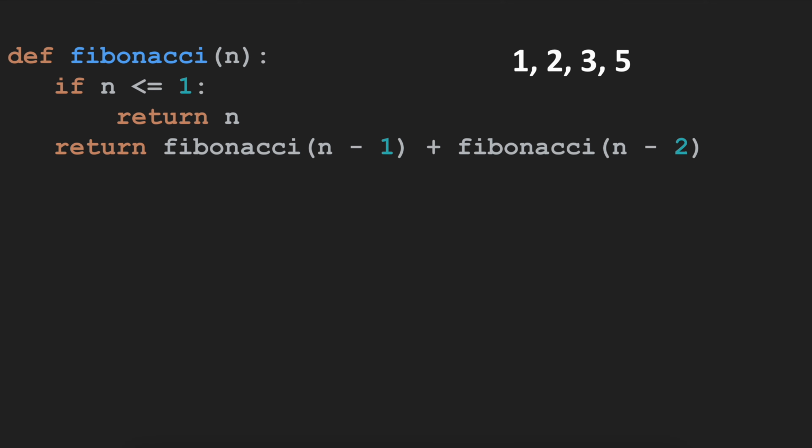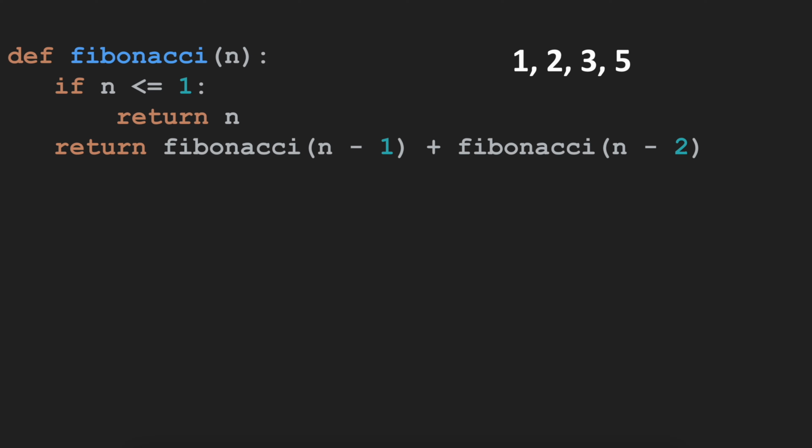To solve a Fibonacci sequence problem, we have a function Fibonacci, and we need to find the Fibonacci number at, let's say, position 5. In this case, we have 8, because 1, 2, 3, 5, and the 5th element would be 8. So we need to return that.